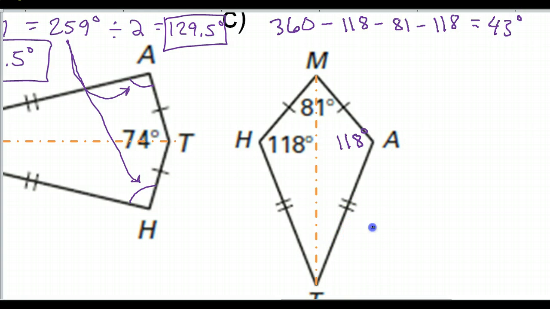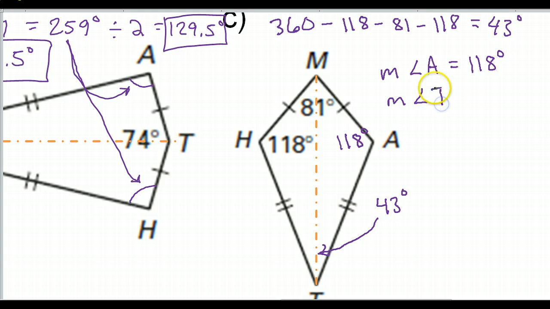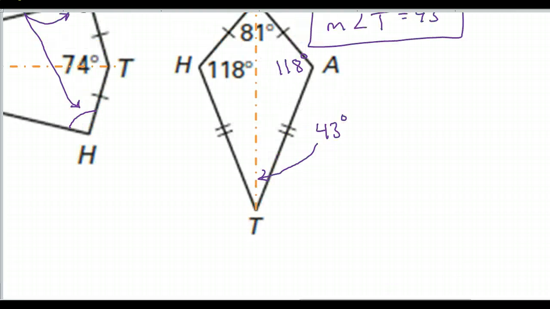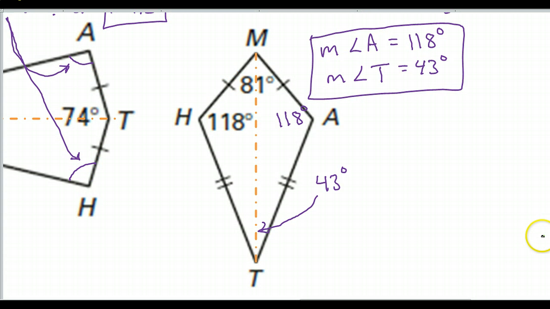That means the remaining angle must be 43 degrees. So the measure of angle A is equal to 118 degrees, and the measure of angle T is 43 degrees. That would be the answer to part C. And I think that was it. Yep, that's the end of the homework.